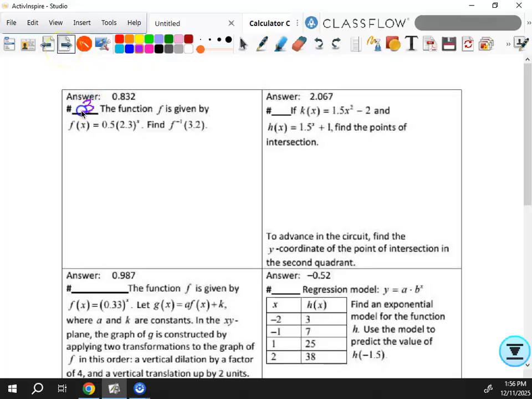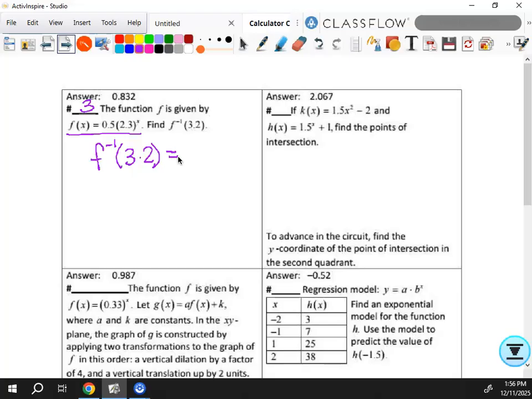That becomes number 3. All right, so now look, we still have the same f of x, right? I don't even have to retype it. But it asks me for f inverse of 3.2. What you can't do is type in f inverse of 3.2. That's not going to work for you. But I do know that f inverse of 3.2 would that equal my x value or my y value?